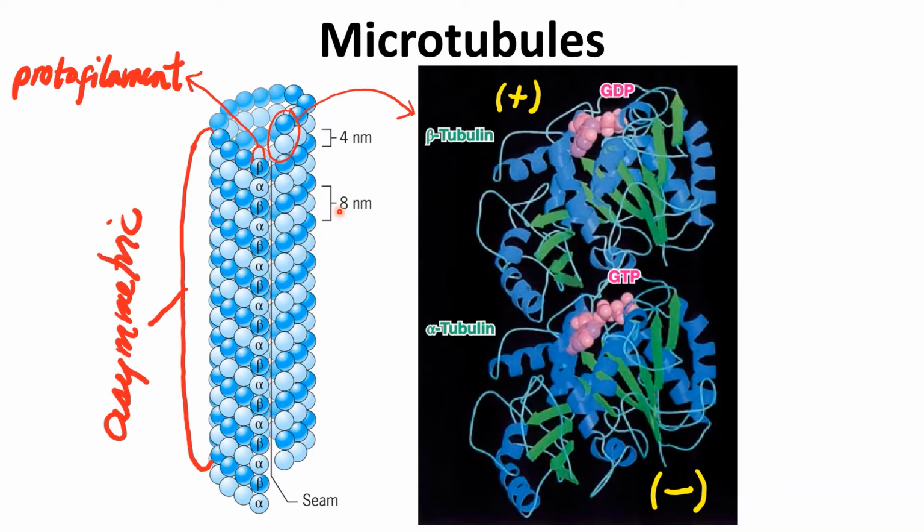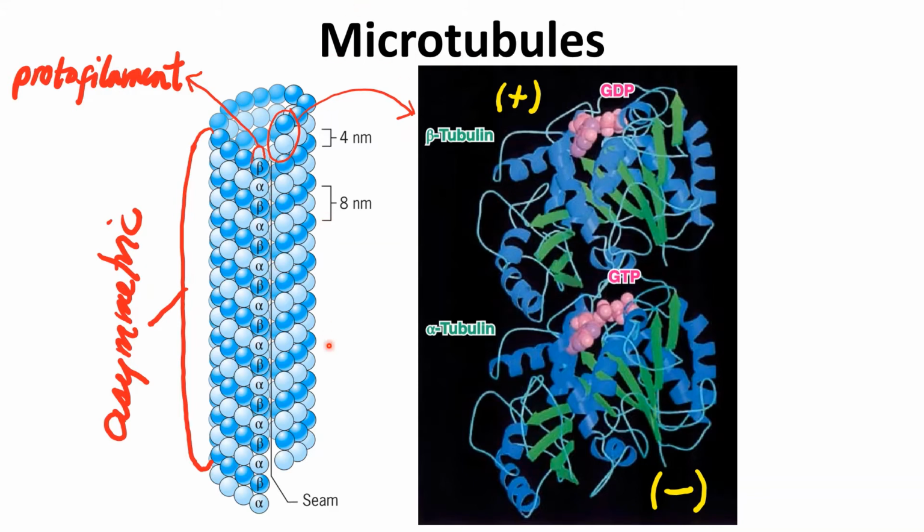Because of this unleveled folding, this is an asymmetric shape. It is also asymmetric in the sense that one end ends with alpha and the other end ends with beta. So therefore, it's an asymmetric structure altogether. Microtubules are asymmetric.